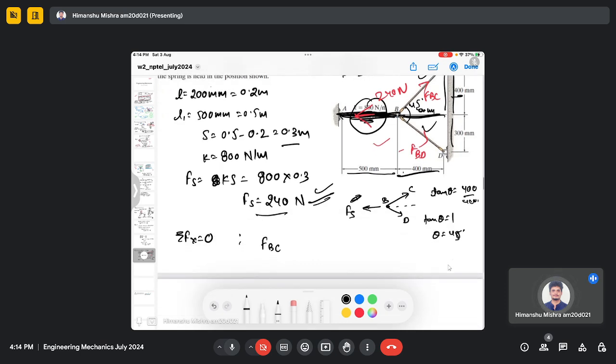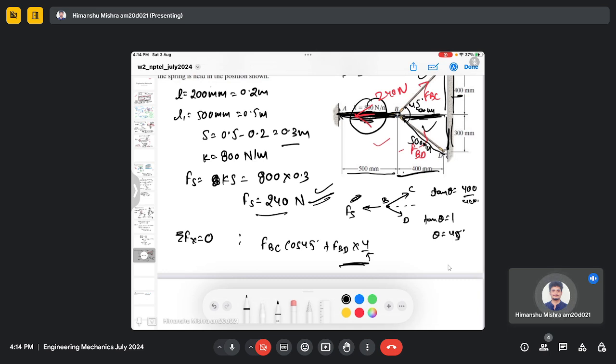So FBC cos 45. Now here it is 400 millimeter and here it is 300 millimeter. From Pythagoras theorem you can calculate this side, which will be 500 millimeter. So it will be force BD 4 by 5. This is the x component.